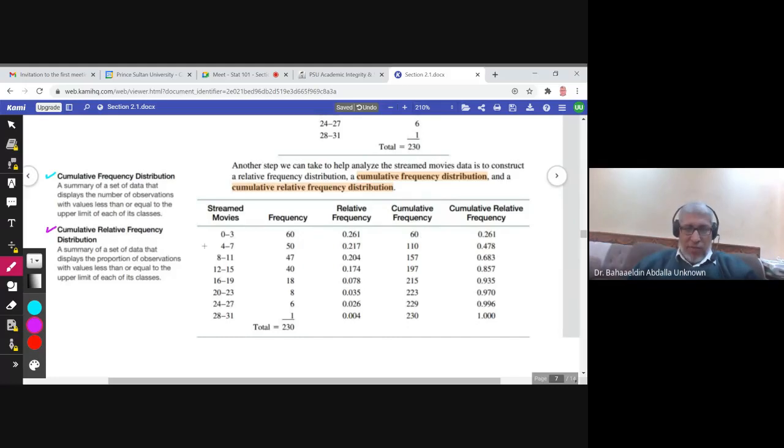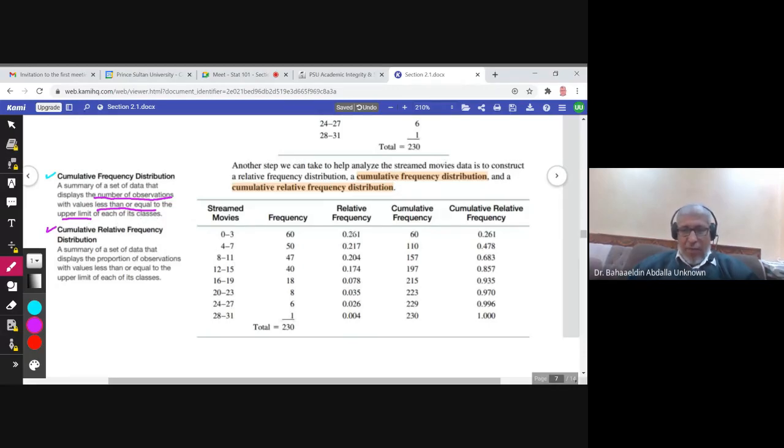The definition is important here. The cumulative frequency displays the number of observations with values less than or equal to the upper limit. So less than or equal to the upper limit of each class.